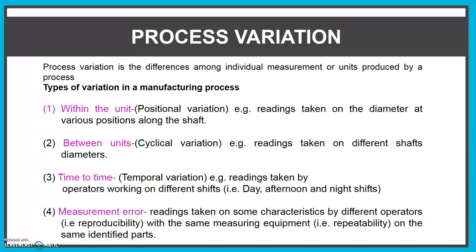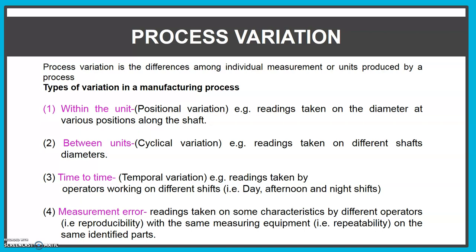Next, time to time. If you measure a product in the morning, just coming out from the process, such as a furnace, the product is still hot. The measurement may be different from the product after a few hours of cooling down, because of the sinkage issue, because of the weightage issue.